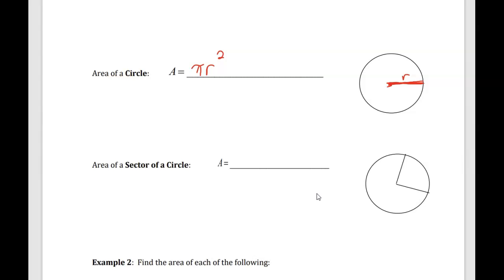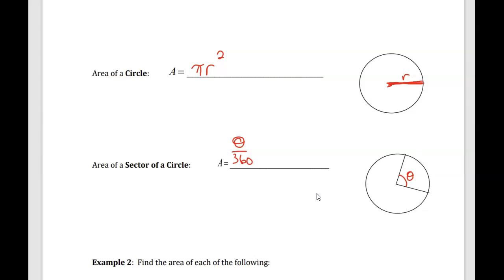Now the area of a sector of a circle, which is strictly this part, okay? We're not looking at the entire circle, we're just looking at this little bitty part. We have this angle theta. And so remember that this all equals 360. So we're going to take theta divided by 360, basically to find out how much of the circle it is.